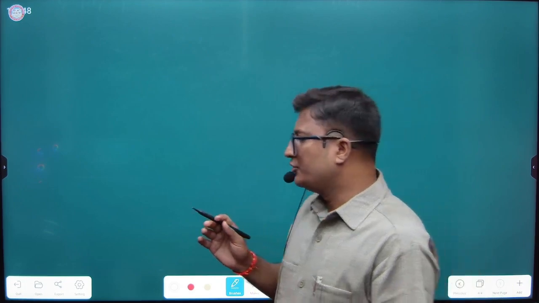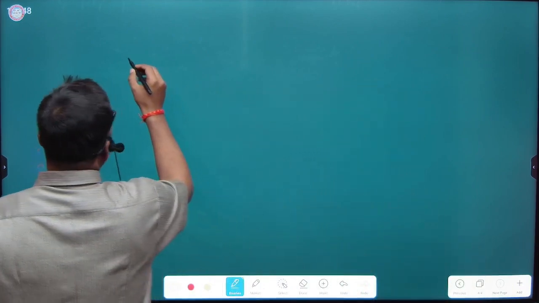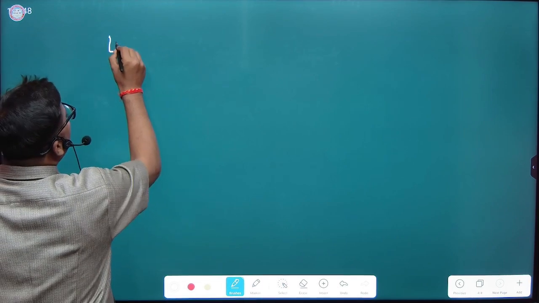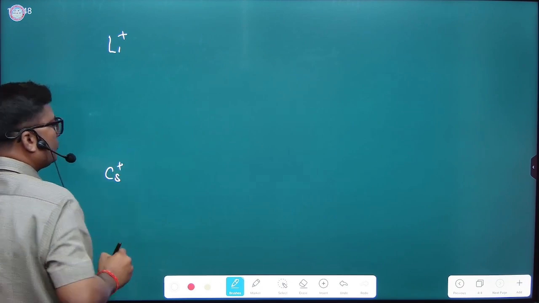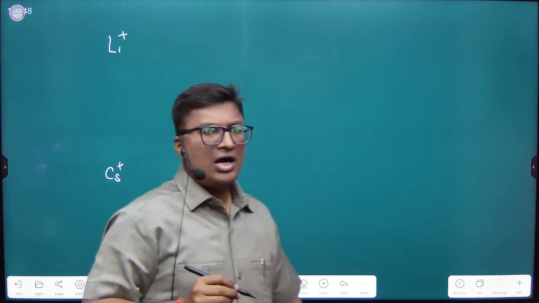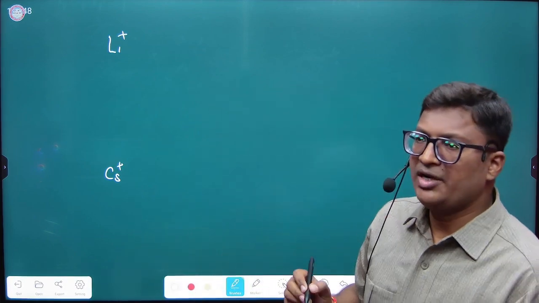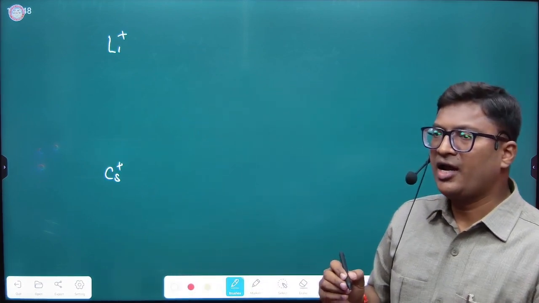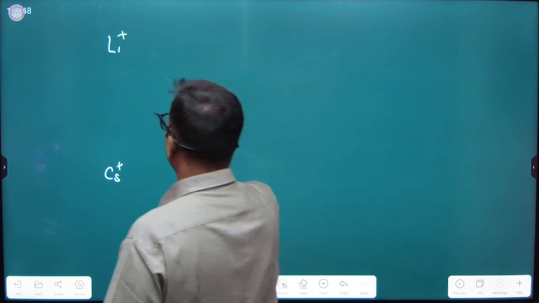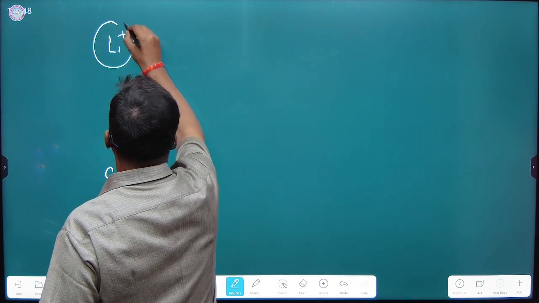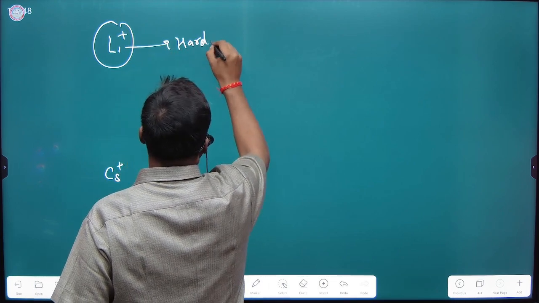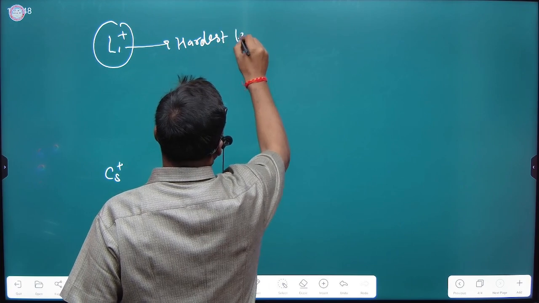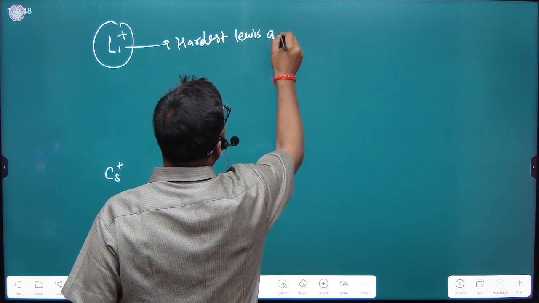Li+ and Cs+: the smallest alkali metal cation is Li+, which is the hardest Lewis acid.